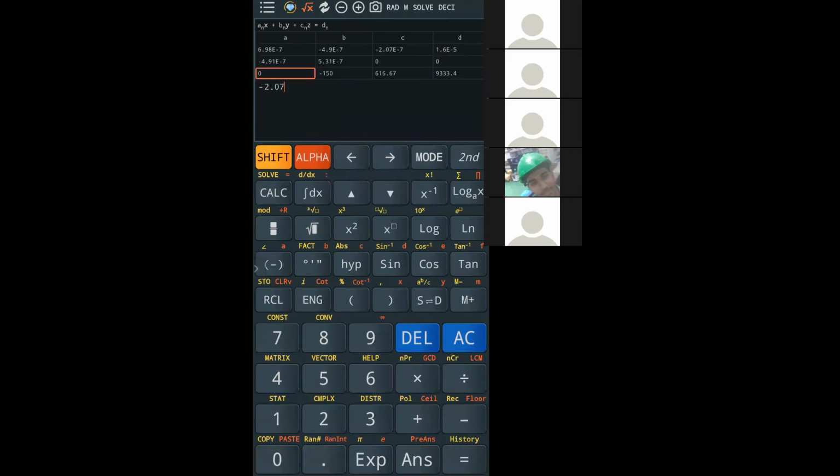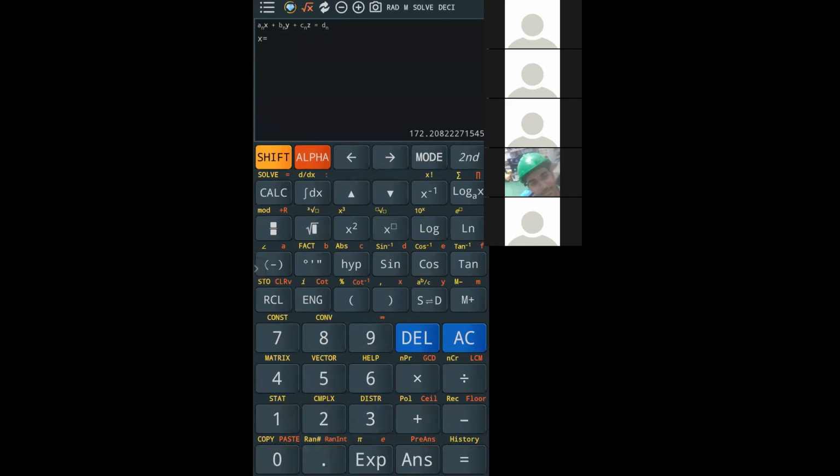Minus 2.07 into 10 to the power minus 7. Then 0. 2.819 into 10 to the power minus 7. Tell me how much answer you're getting.